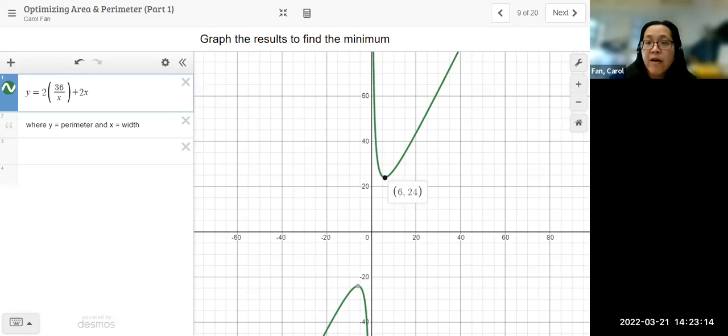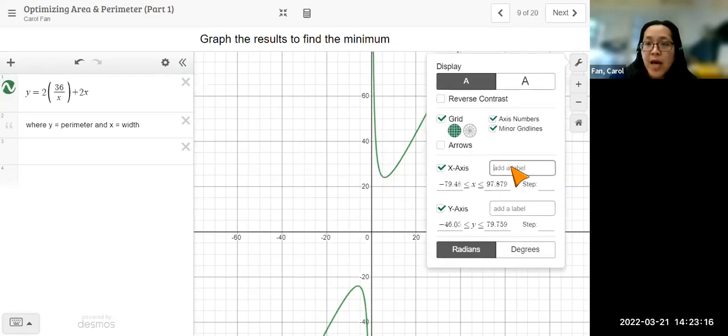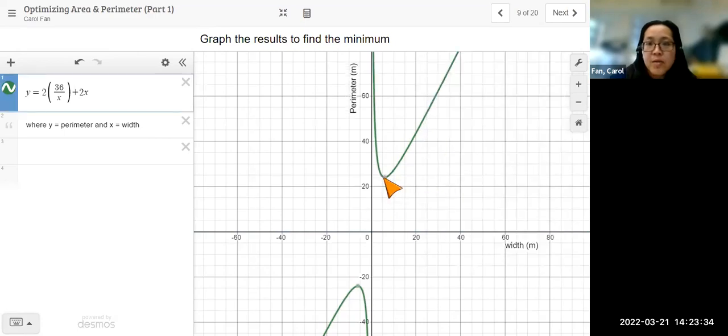We have a value. So let me add my axes. I'm talking about width, and then the y is the perimeter, and this is in meters. So the minimum that we have is 6 and 24.